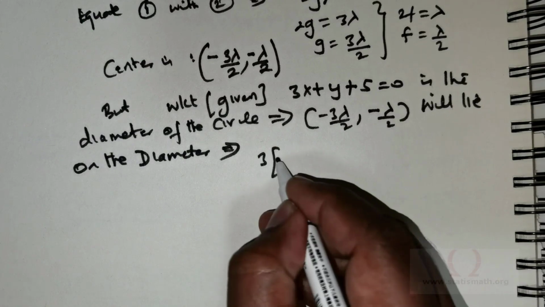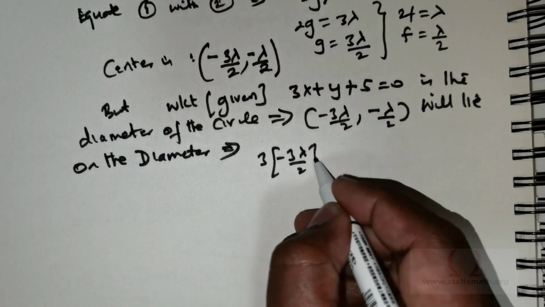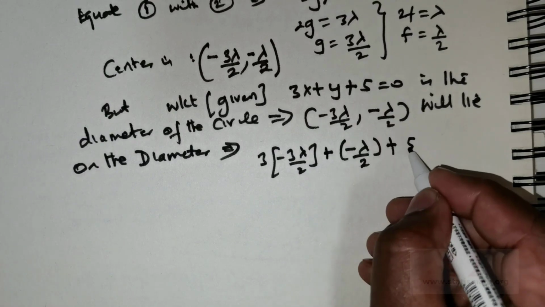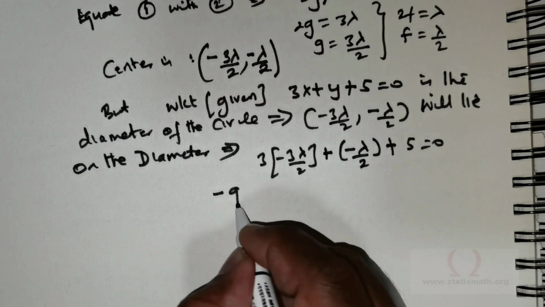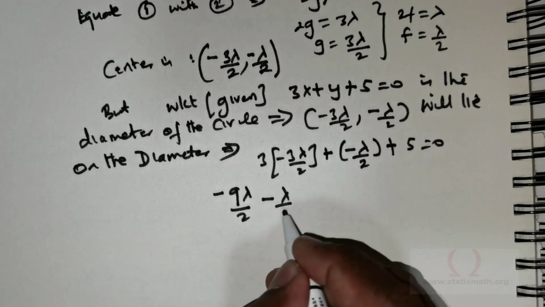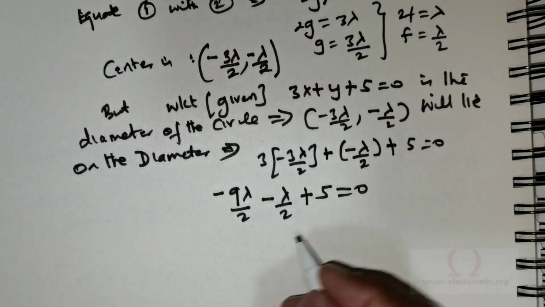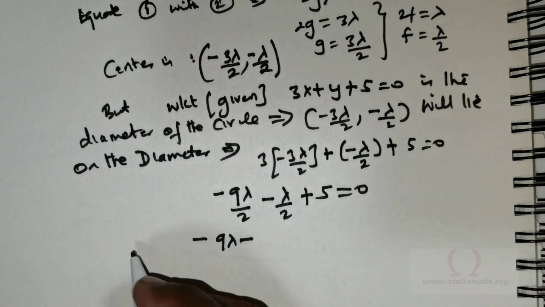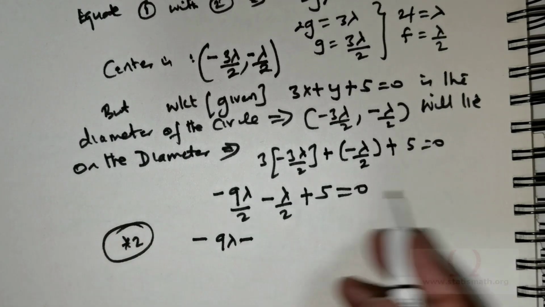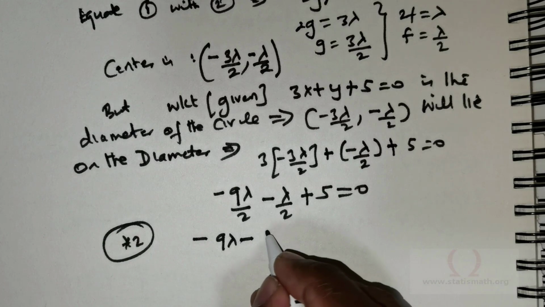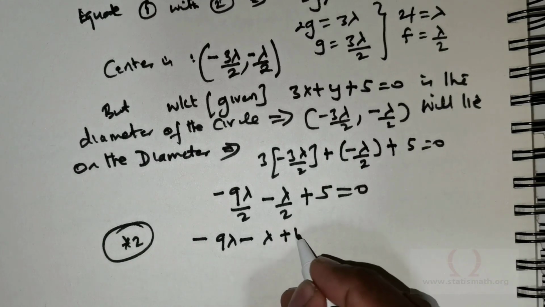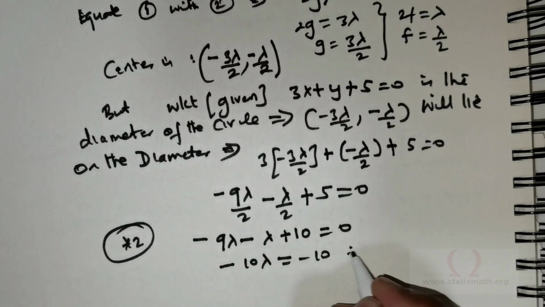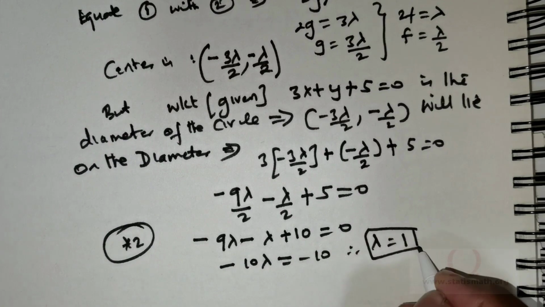Instead of x I substitute -3λ/2, instead of y I substitute -λ/2, plus 5 equals 0. This is -9λ/2 - λ/2 + 5 = 0. Multiplying by 2 throughout, we get -9λ - λ + 10 = 0. So -10λ = -10. Therefore, λ = 1.